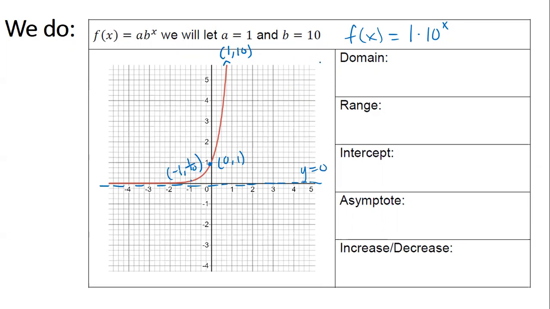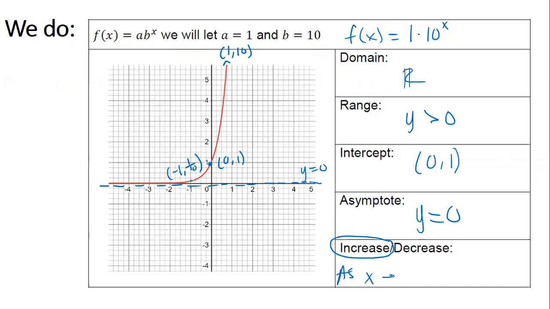All right, so your domain, did that change? Nope. Our range, did our range change? Our intercept, did that change? Nope. Did our asymptote change? And what is the graph doing? It's a definite increase.